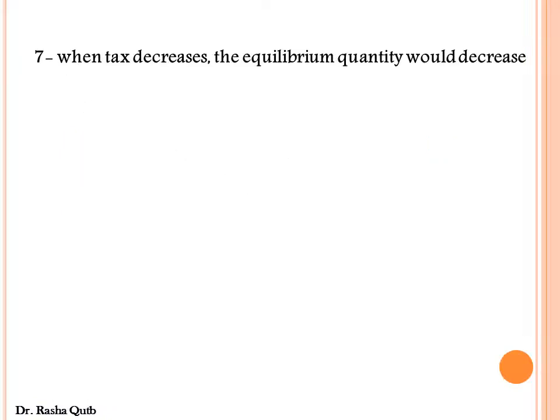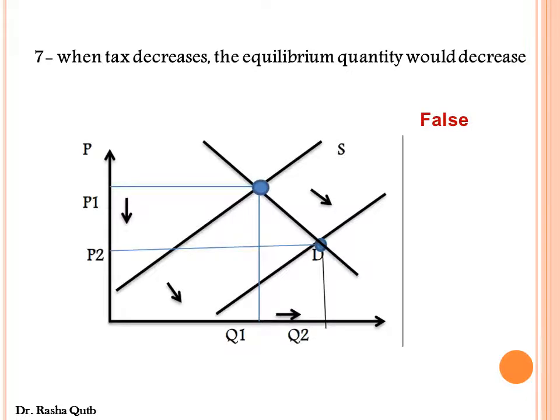Number 7. When taxes decrease, the equilibrium quantity would decrease. This sentence is false. When taxes decrease, this factor affects the supply side inside the market.